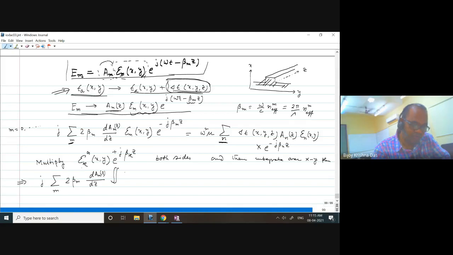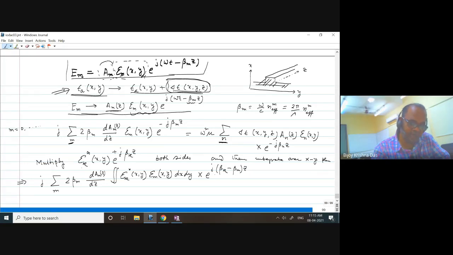So I can write something like this: ek star xy and then em xy dx dy, multiplied by e to the power j beta k minus beta m z.